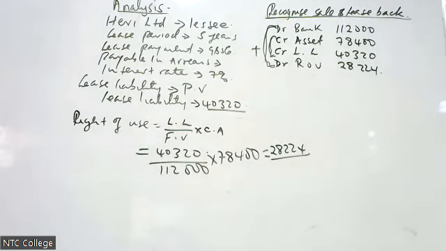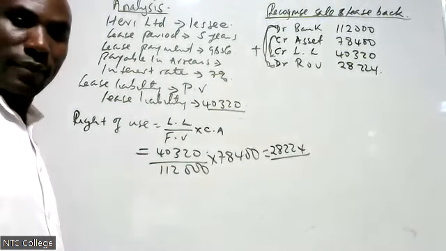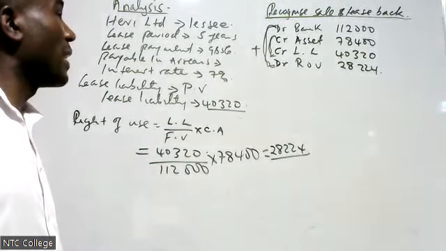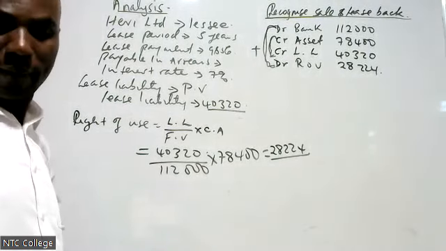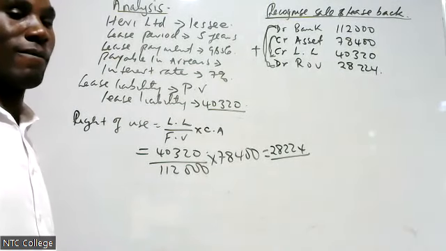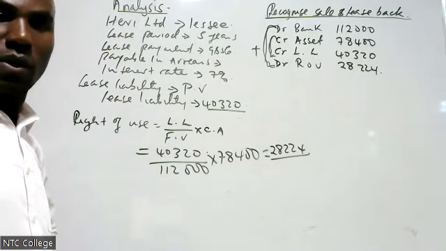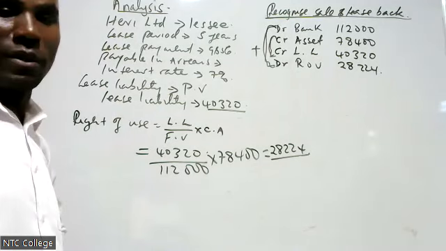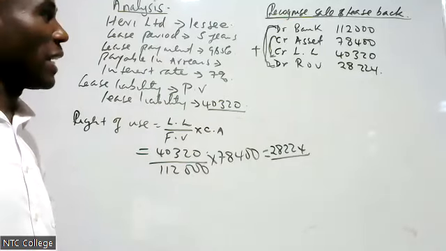Now, who can give us the difference between the debit and the credit? As you can see, we have the 2 debits, 2 credits. Therefore, we want the difference. Who can help Mwalimu there? Apart from Ruth, who can help?